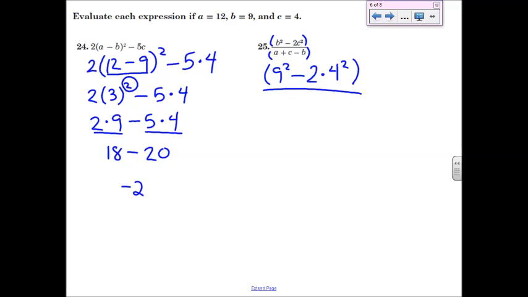And then on the bottom, I have a is 12 plus c is 4 minus b is 9. So inside the parentheses, the first thing I see are exponents. They need to come first. So I'm going to have 9 squared is 81 and 4 squared is 16.